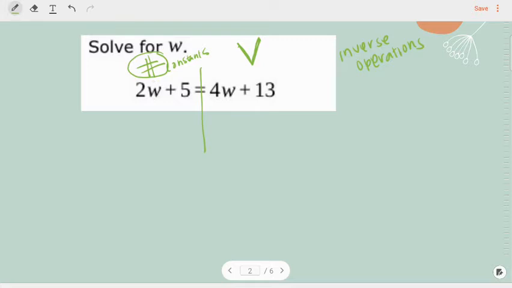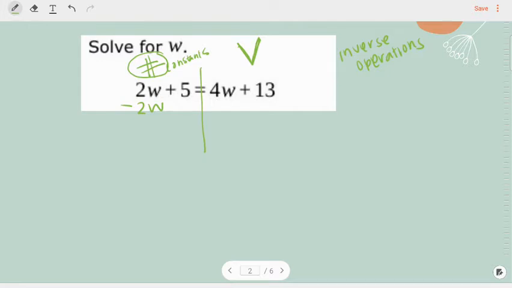How do I get rid of 2w? Well, it's being added, and it is a positive. So what I'm going to do is take it off by subtracting. Because there were two w's on there, I'm going to take off two w's. Now remember, it's a scale. If I do it to one side, I'm going to do it to the other.